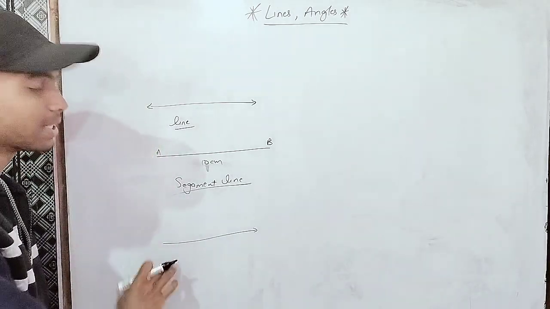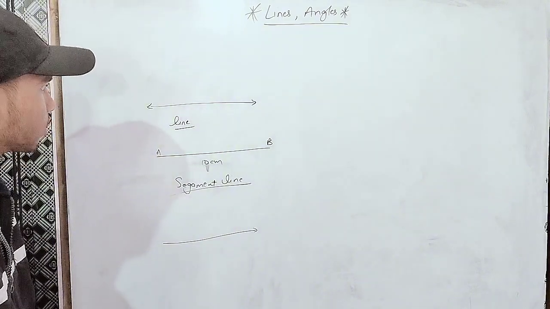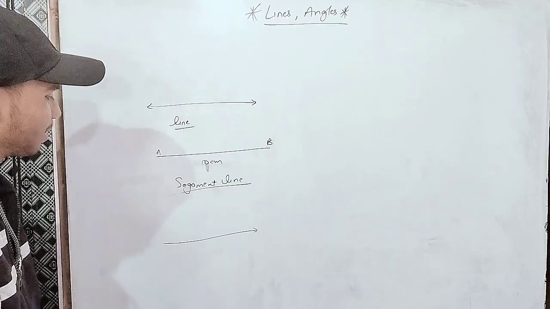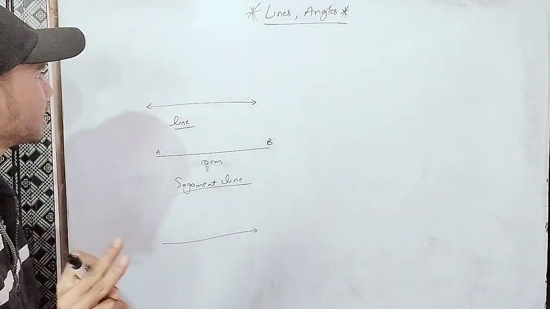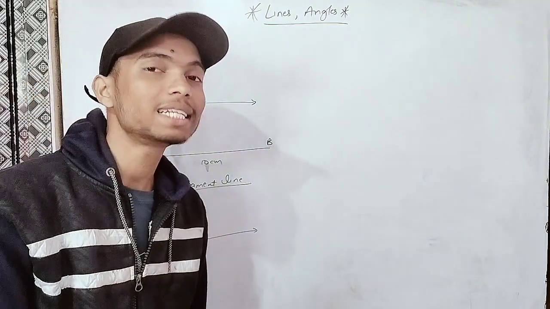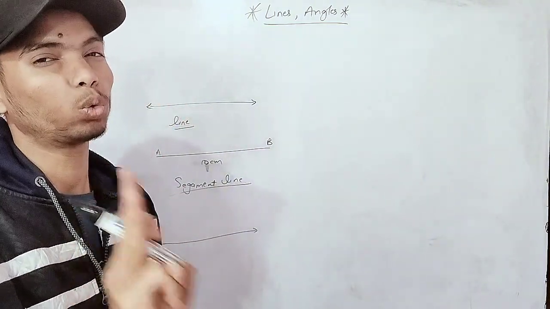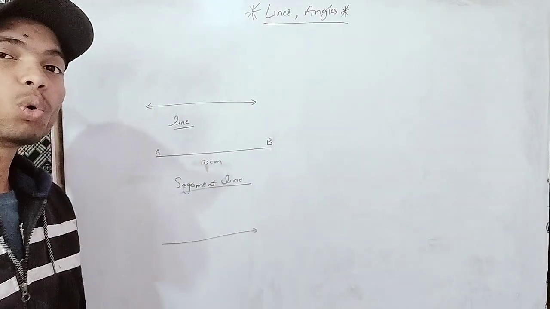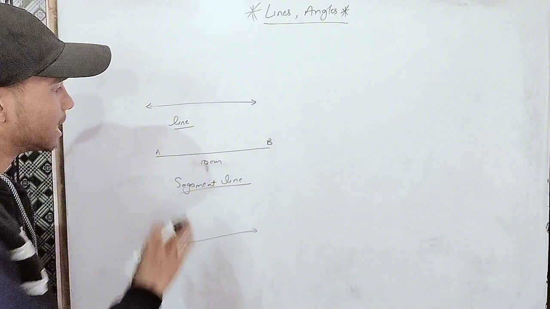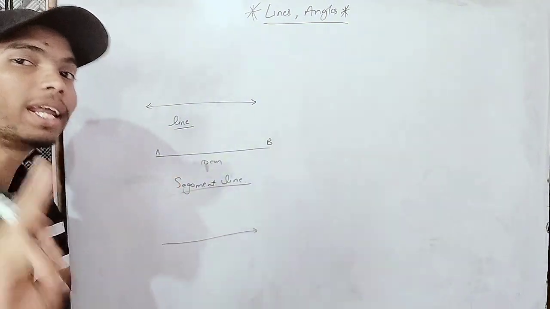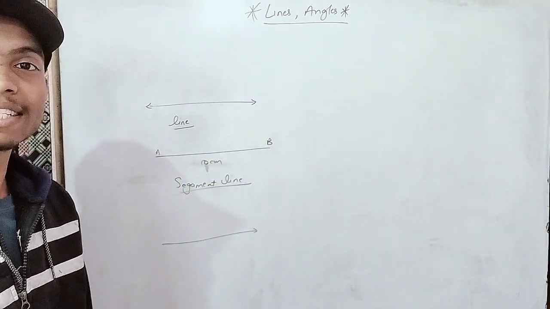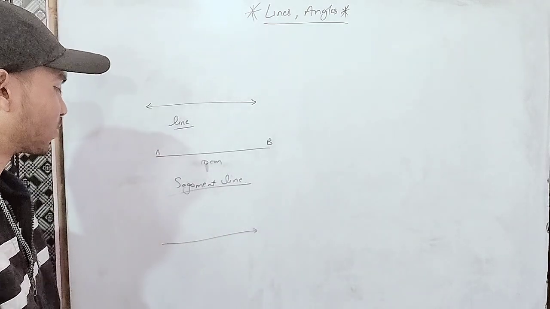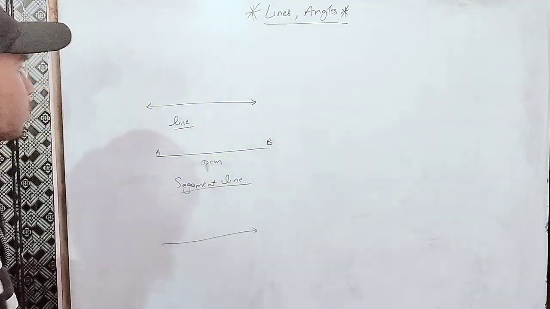No, this is different, because this line has two arrows, but this line has one arrow. This line doesn't have any arrow, but this line has one arrow. That's why it is different from this line.